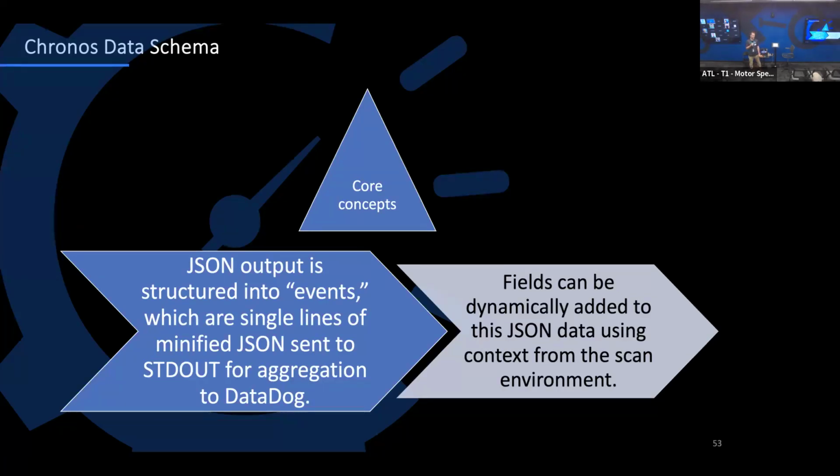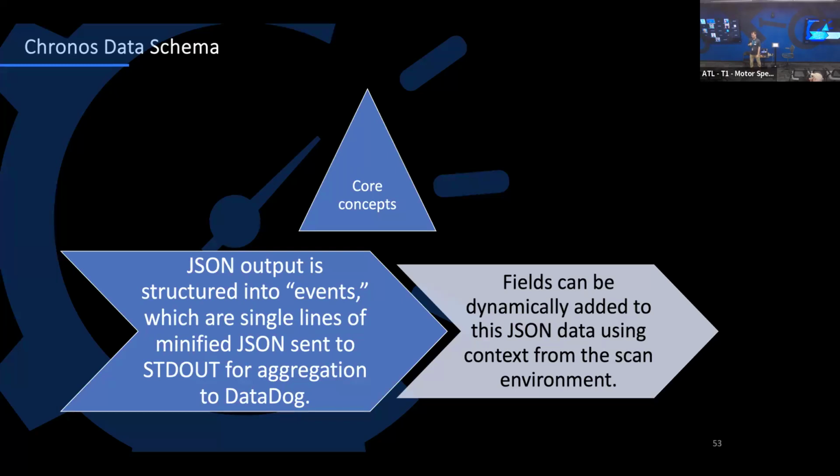So the core concept with this data schema is that the JSON output of a scan is structured into events, single lines of minified JSON sent to standard out. Our Datadog integration just aggregates and picks these up. I imagine an open source version of this having Datadog swapped out for some other log tool like Elastic or Splunk.